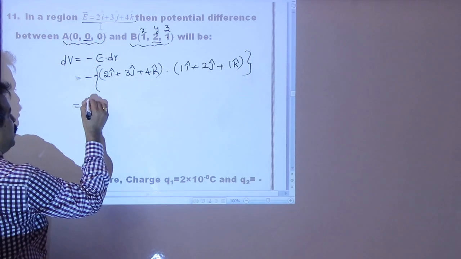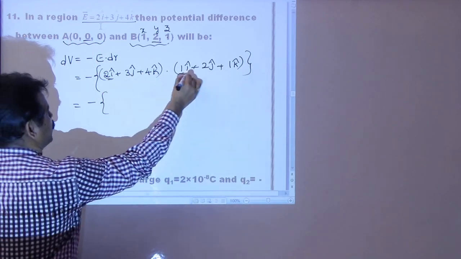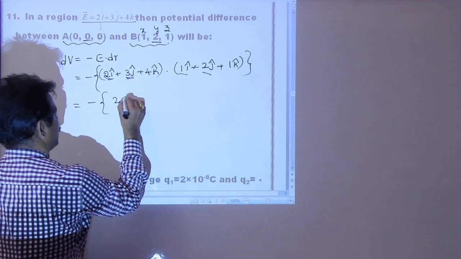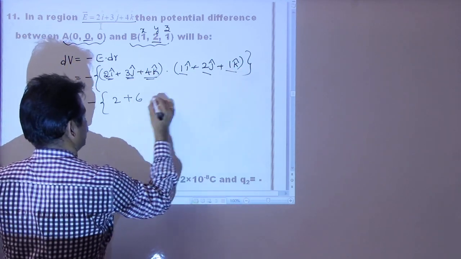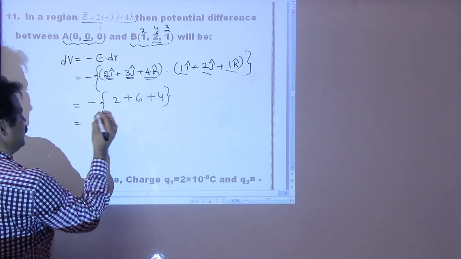So if you multiply these 2, i with i, j with j, k with k: 2 1s are 2, 3 2s are 6, 4 1s are 4.